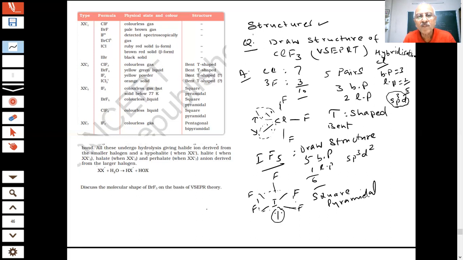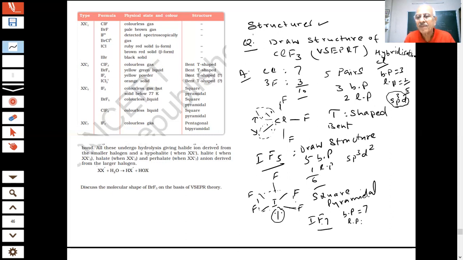Then I'll ask you the question, the shape of IF7. How many bond pairs? 7 bond pairs. How many lone pairs? No lone pair.